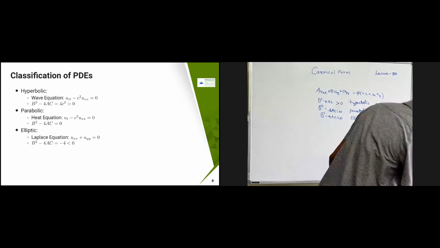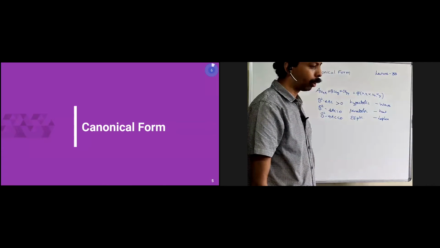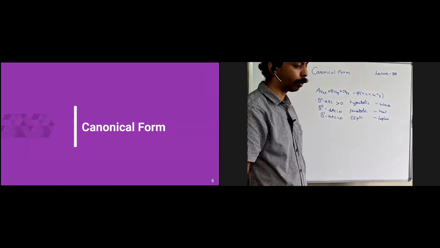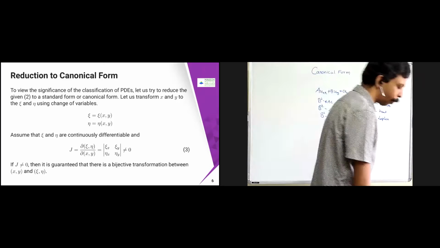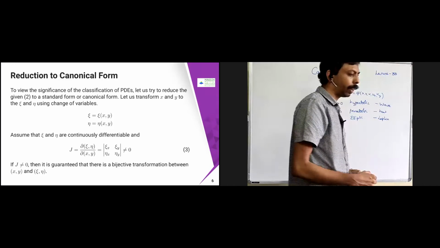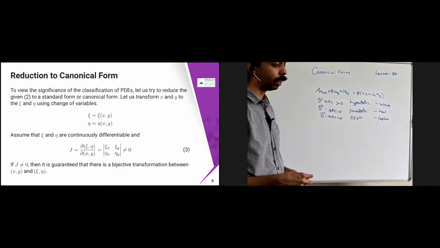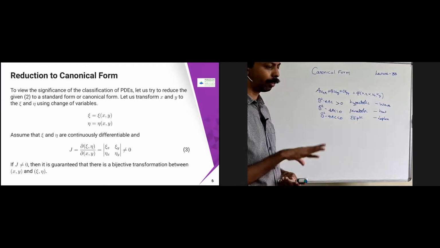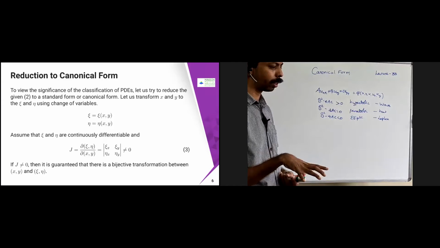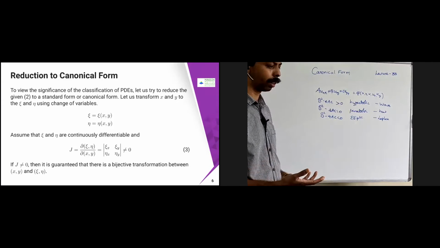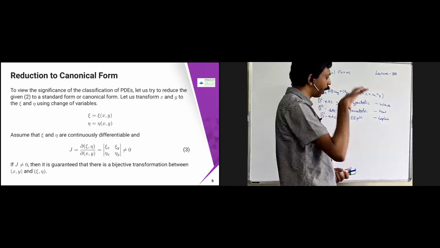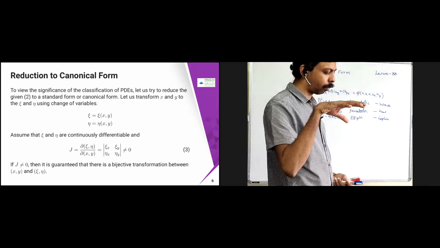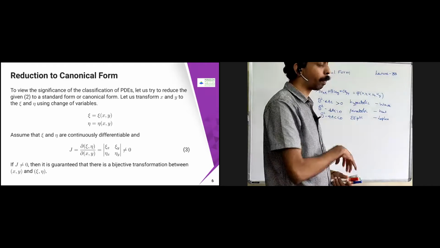Next we are going to derive the canonical form of the PDE. There is a significance of this which we will see. We can transform to some other coordinate system using the characteristic systems, and from that we can solve on the transformed domain and then bring it back to the original domain.